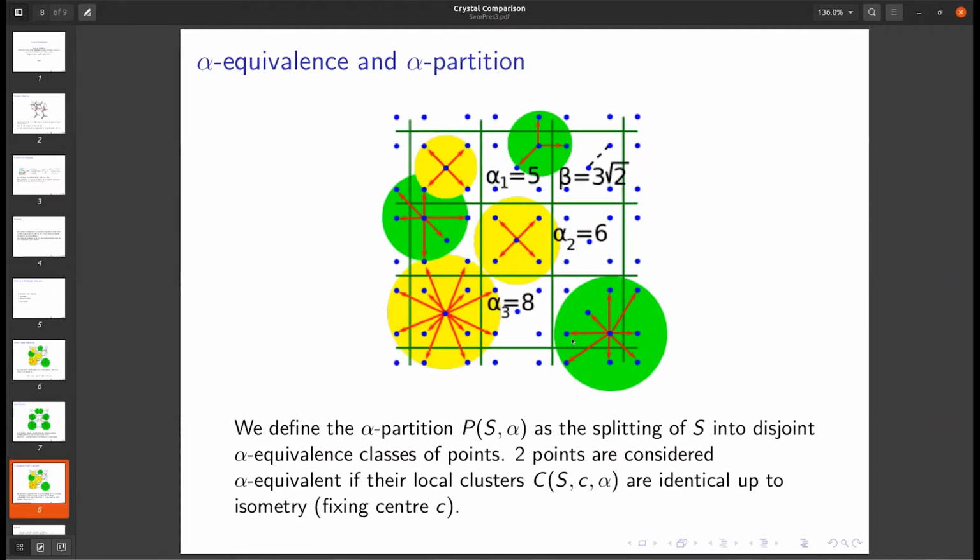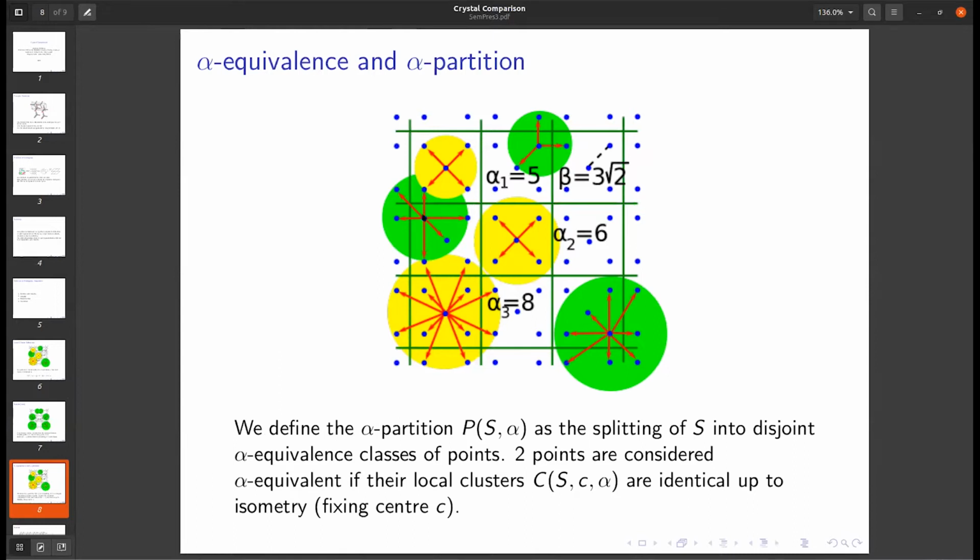And so what we then define here is this alpha equivalence. So alpha is the radius here, and as alpha increases, we define two atoms as alpha equivalent if the local neighborhood at that radius alpha can map onto each other with a rigid motion.